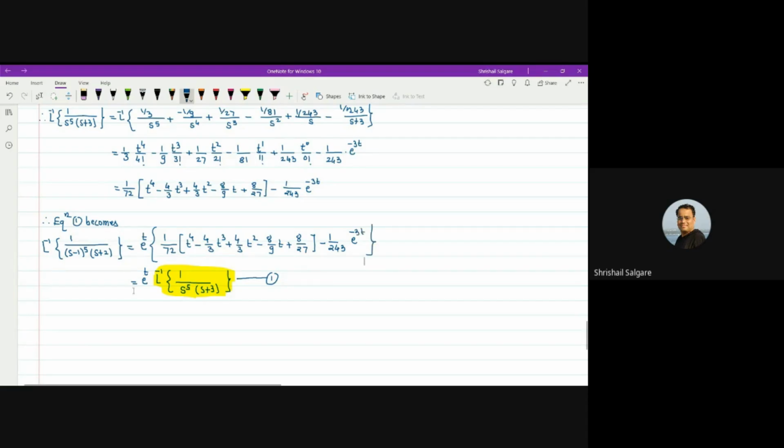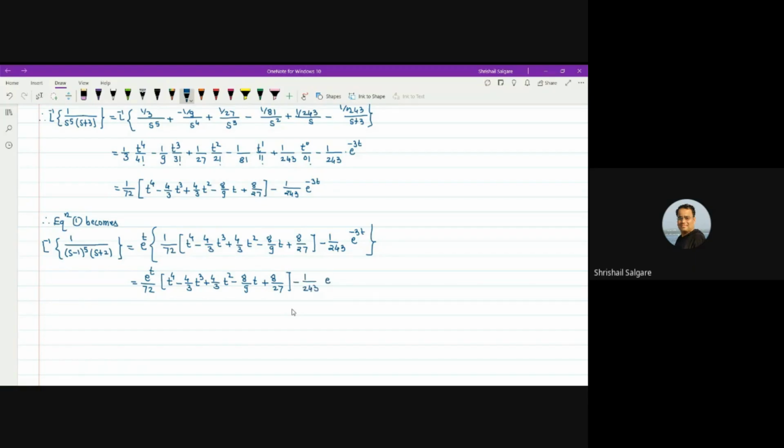Okay. Now next step, simplify the answer. That e raised to t can be multiplied inside the bracket. So first term becomes e raised to t divided by 72 into first term t raised to 4 minus 4 by 3 t cube plus 4 by 3 into t square minus 8 by 9 into t plus 8 upon 27 minus 1 upon 243.